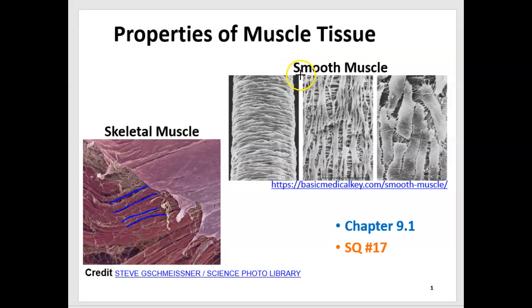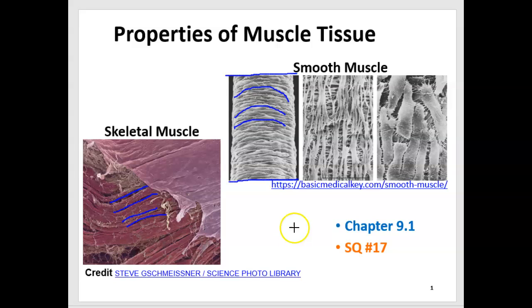And we also see a picture on the upper right here of different types of smooth muscle located in different parts of the body. The one I want to mention is on the left here. This is a picture of the outside of a blood vessel, and you can see the longitudinal smooth muscle cells kind of surrounding the blood vessel.